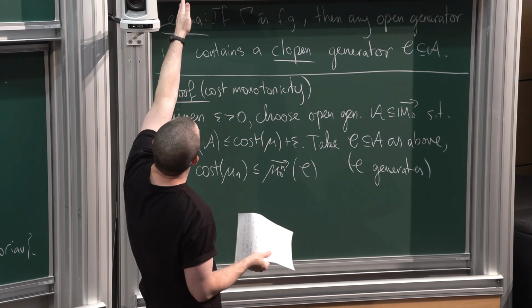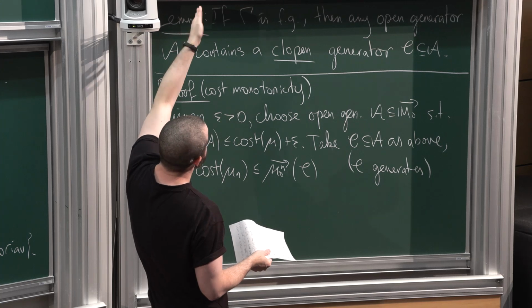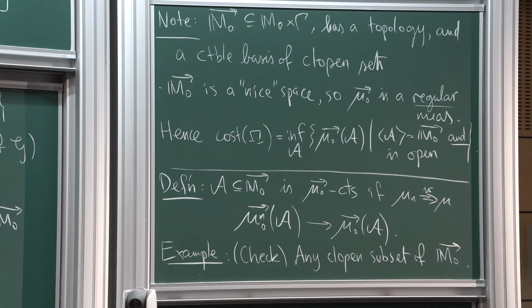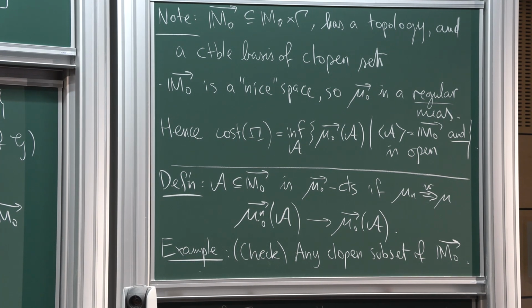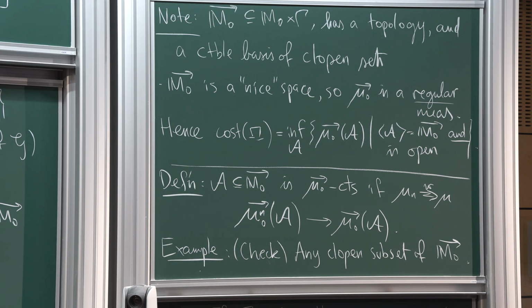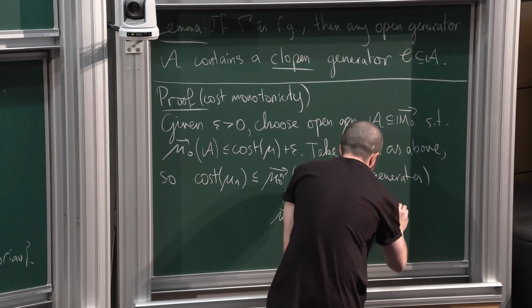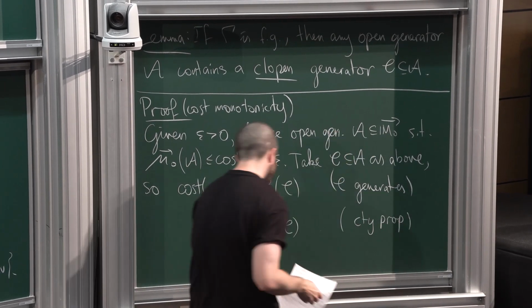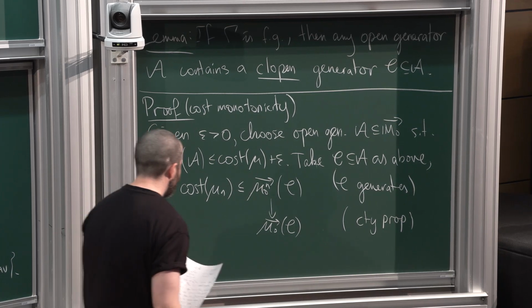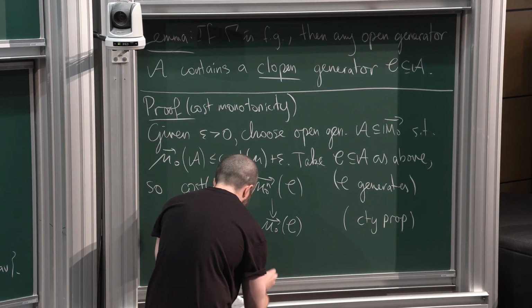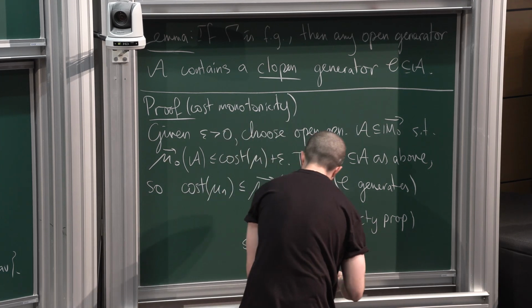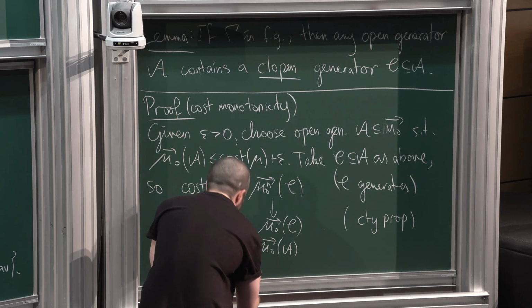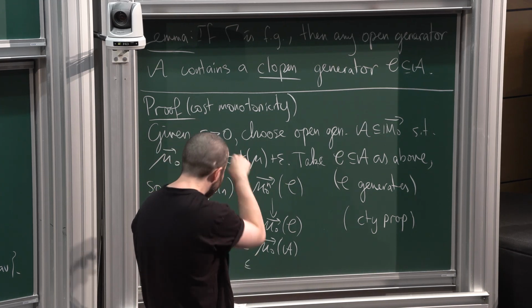But if you believe in the example, these Clopen subsets, they have this continuity property. And so if I apply this, I get that this converges to the measure of the limit. Okay. And now we all remember that measures are monotone functions. Yeah, that one doesn't even need an explanation. And that was, what was it? Cost mu plus epsilon.